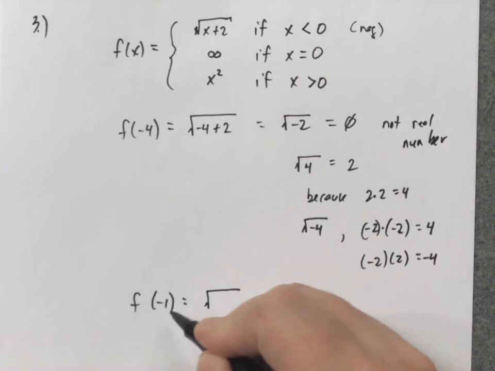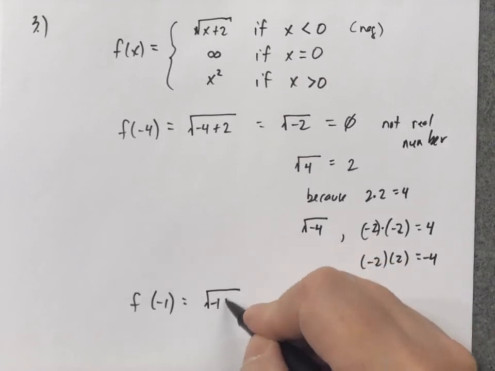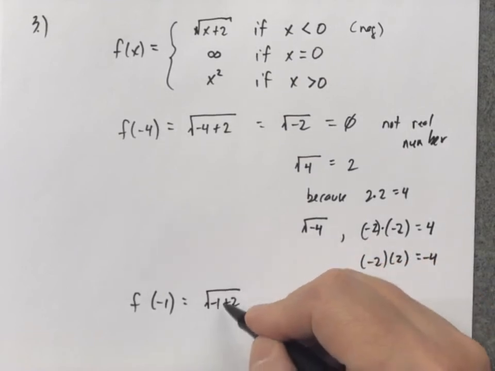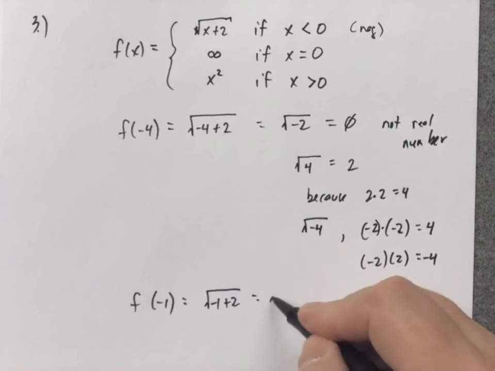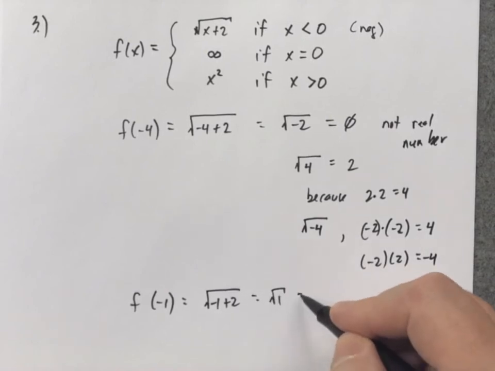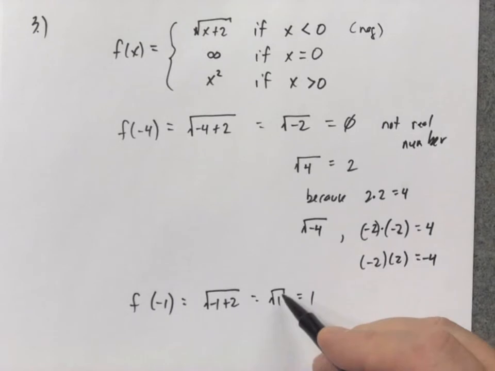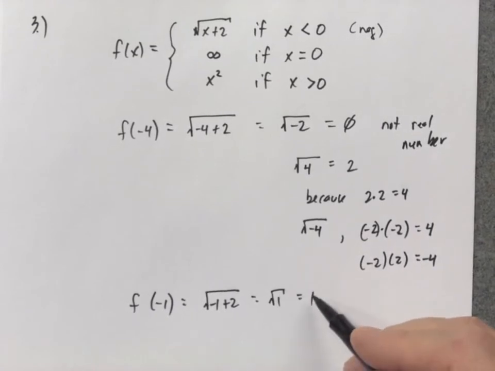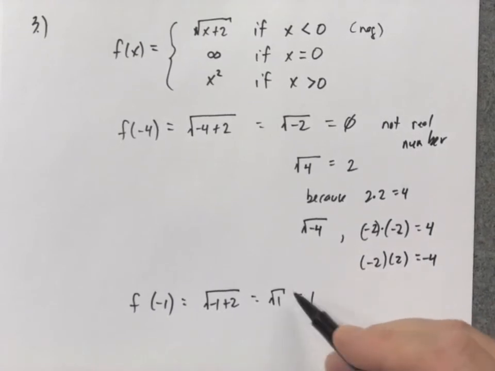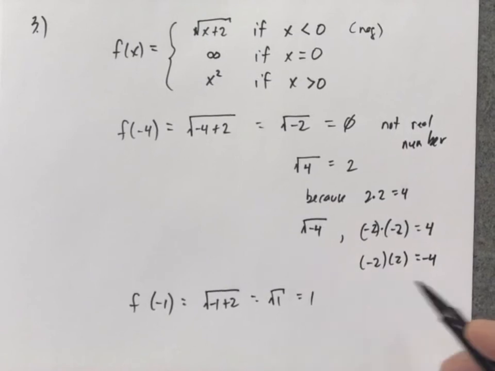Every place I have an x, replace it with negative 1. So negative 1 plus 2, square root of 1, square root of 1 is 1. So f of negative 1 equals 1. And some of you might think, well, isn't the square root of 1 plus or minus 1? Yeah, it could be, but for now we're just going to use the positive root.